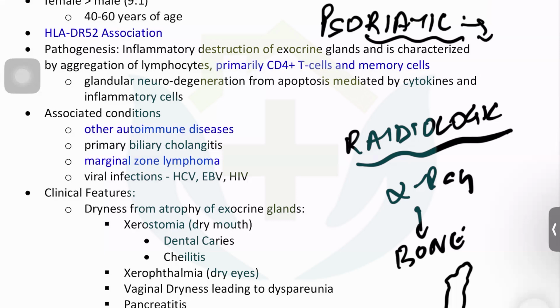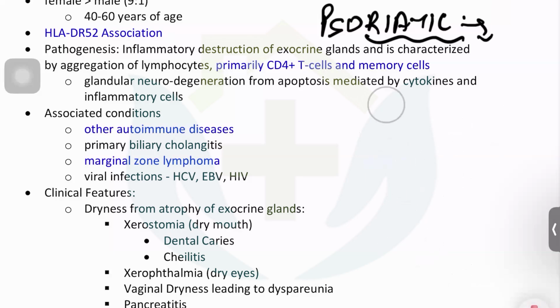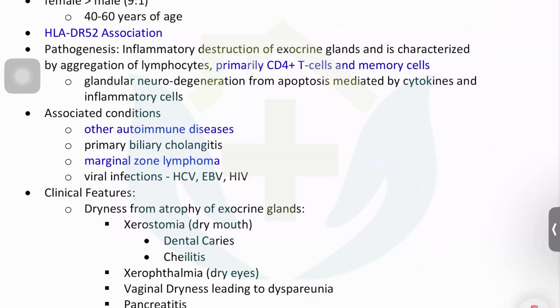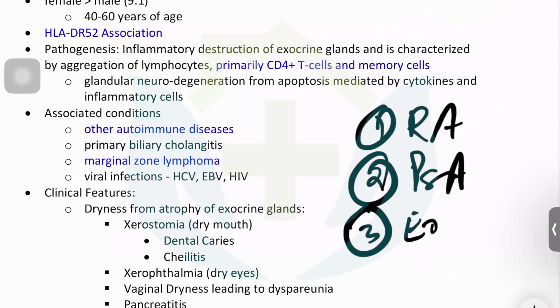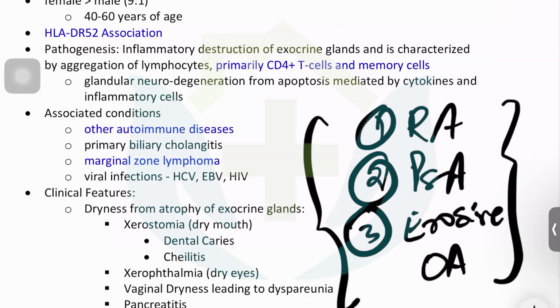There are three types of arthritis which have erosions in them. One is rheumatoid arthritis, second is psoriatic arthritis, and third is a variant of osteoarthritis called erosive osteoarthritis. In SLE, it is arthropathy.